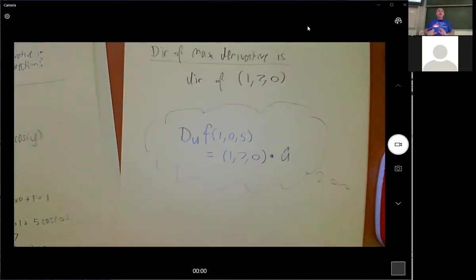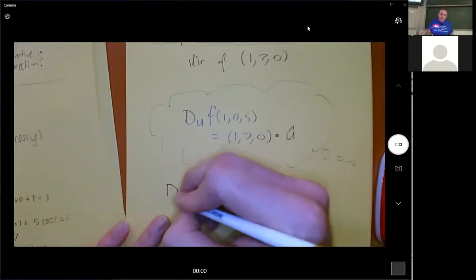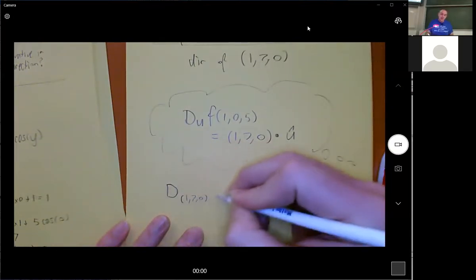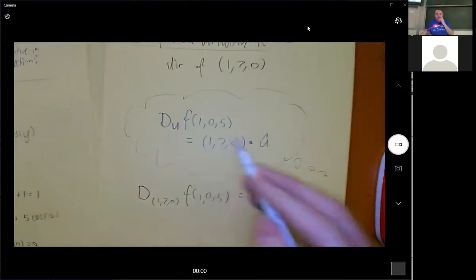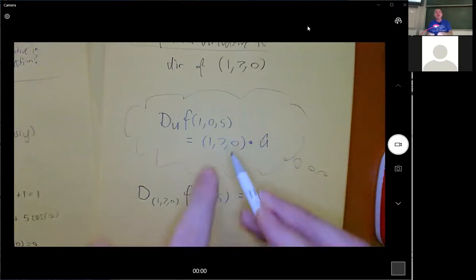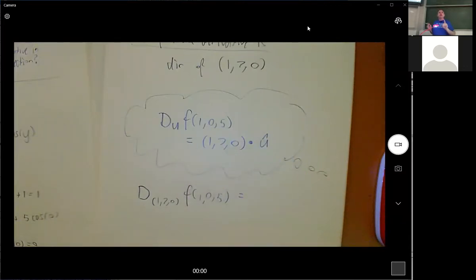And are you ready for the real magic trick? The real magic trick is the directional derivative in the direction of (1, 7, 0) of f at (1, 0, 5) should be (1, 7, 0) dot with a unit vector in the direction of (1, 7, 0). And the length of that vector will be the length of (1, 7, 0).